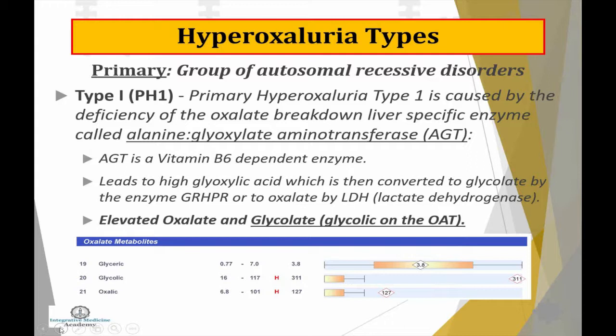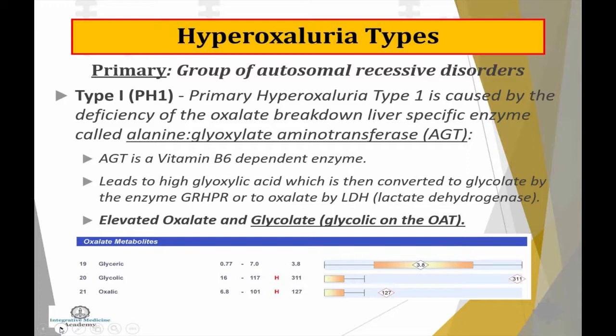Now, one other thing is it's possible to have elevation of glycolic because of yeast, so we can't entirely say it's necessarily due to a defect. It could be a yeast component. You have to backtrack and look at the yeast section too. Either way, it's important to regulate diet, to watch for high oxalates, et cetera. We've talked about that in other webinars.